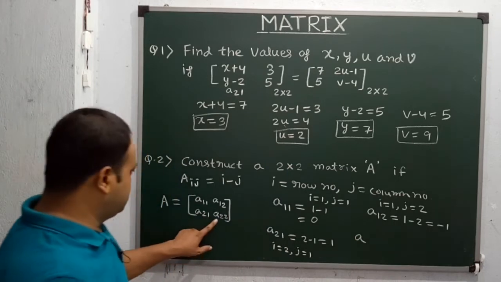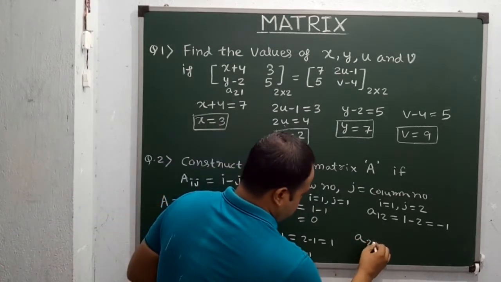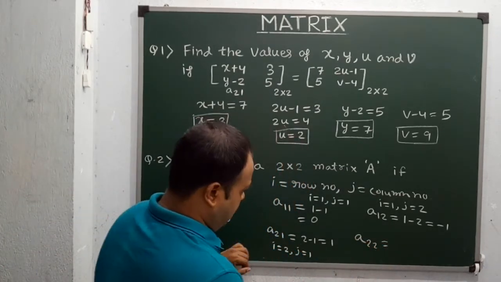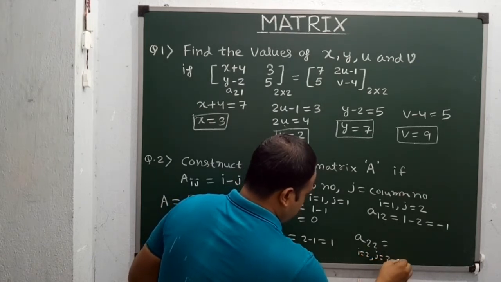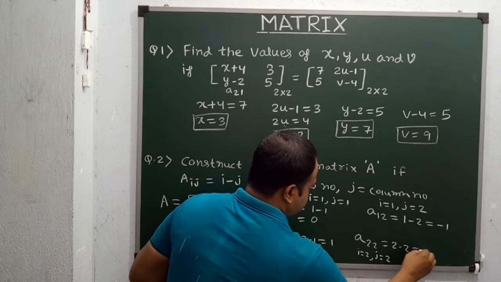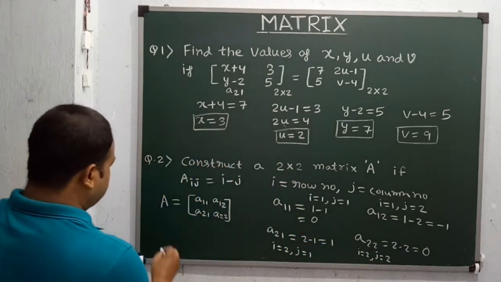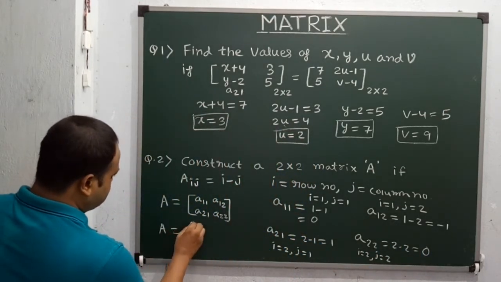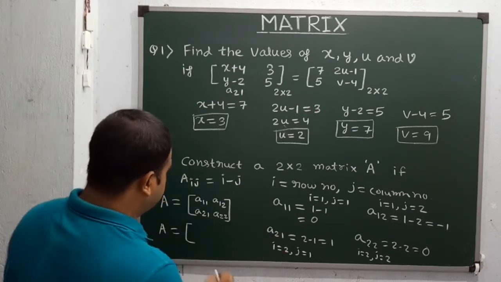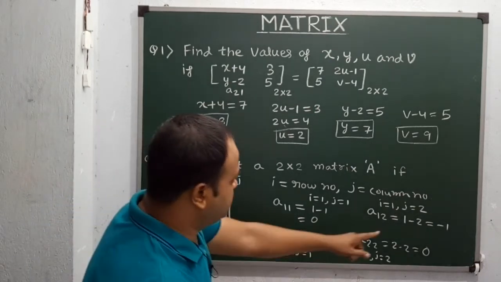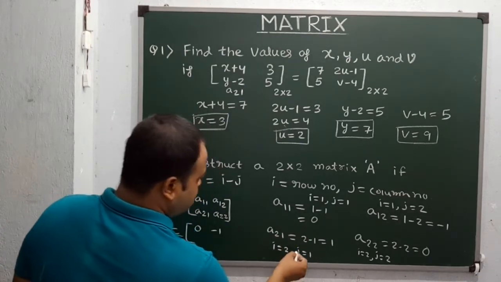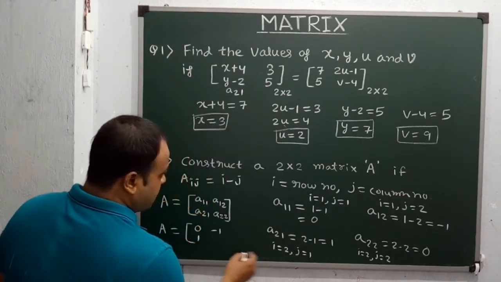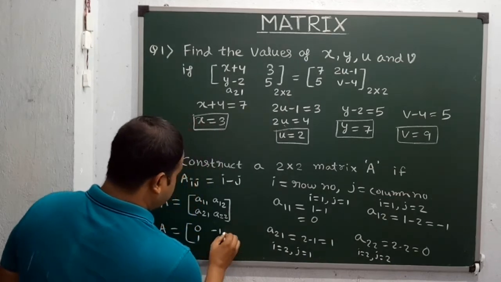Similarly, A22. i is here 2 and j is also 2. 2 minus 2 is 0. So we are able to find the matrix. A11 is 0, A12 is minus 1, A21 is 1 and A22 is 0.